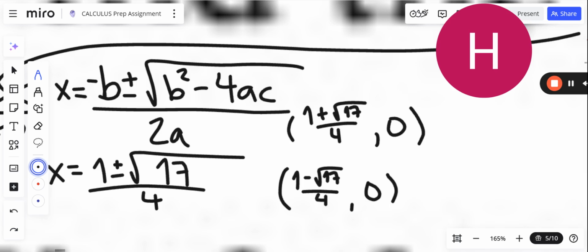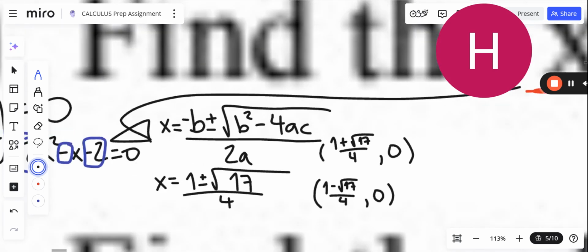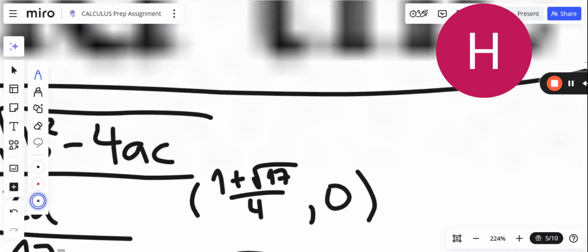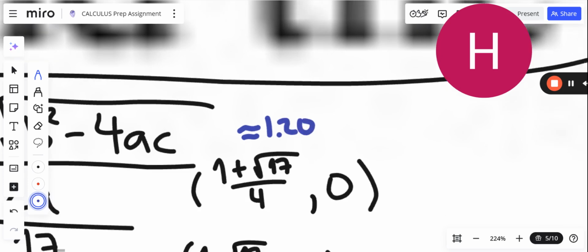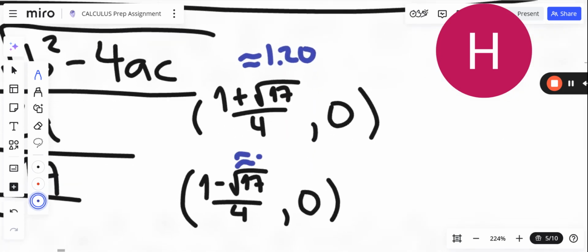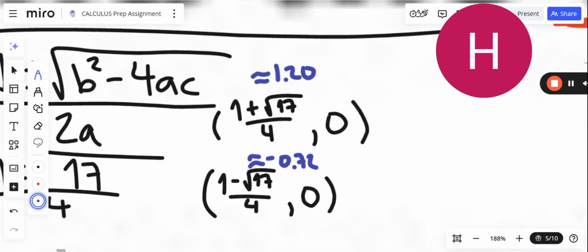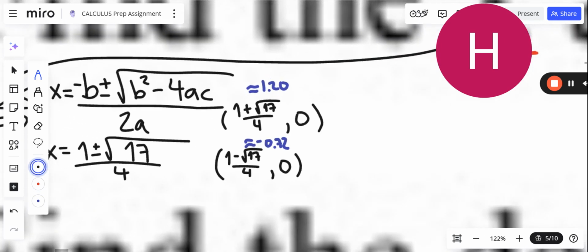The actual values, the decimal approximation, I mean, is not that important. But if you want to, you can plug it into a calculator. I'll say this is about 1.20. And I'll say this is about negative 0.72. I don't know what it actually is. I'm just ballparking it with my brain, but that's approximately where it's at. Just so that when we sketch the graph, we have a decent ballpark of where it should be.